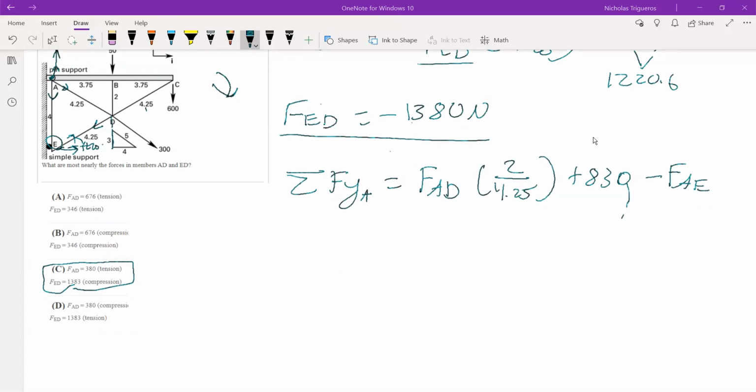$830 is AY. I put AE. No, 830 plus 830. Yep. 830 minus FAE times, right?